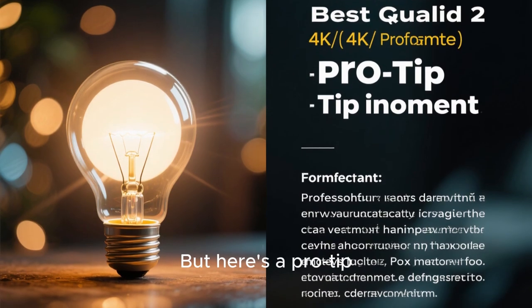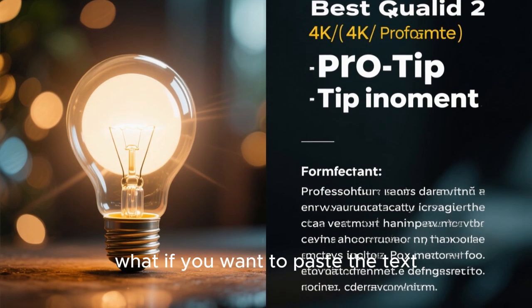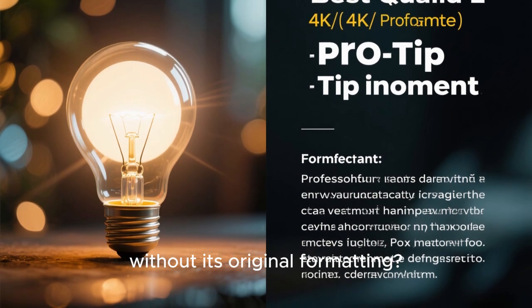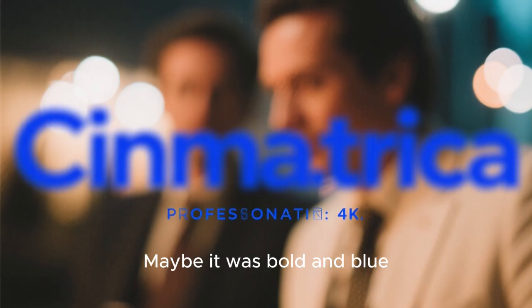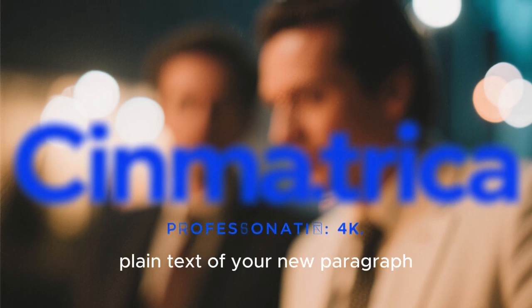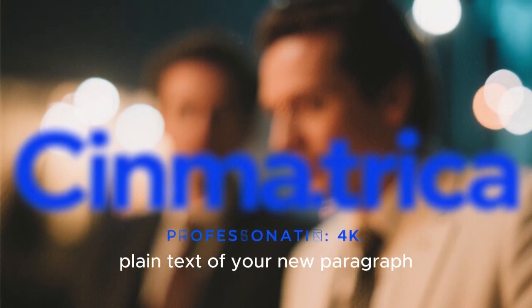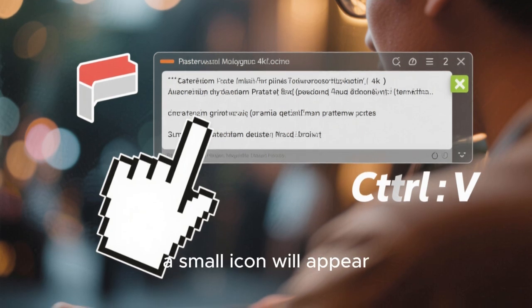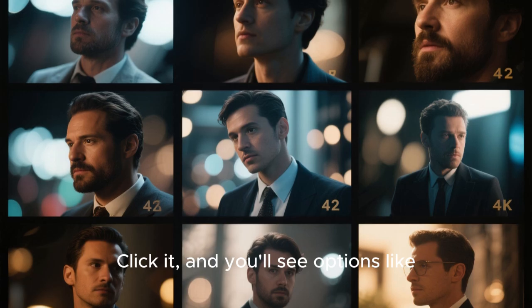But here's a pro tip. What if you want to paste the text without its original formatting? Maybe it was bold and blue, but you want it to match the plain text of your new paragraph. After you press Ctrl+V, a small icon will appear.